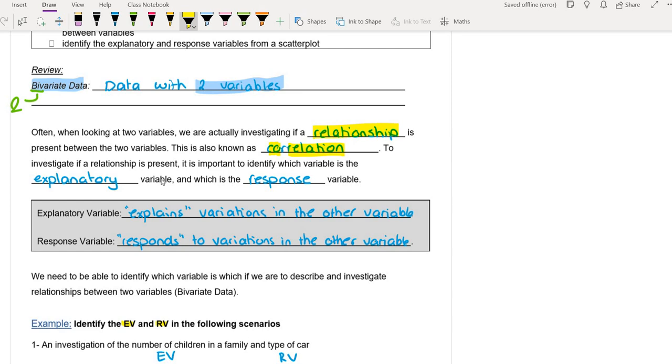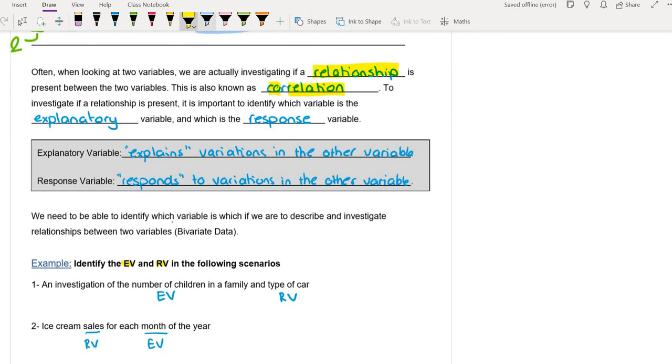And when there is a relationship, one of the variables will explain, and the other one will be responding. So we have names for the two variables. One is called the explanatory variable, we'll call it EV, which explains the variations in the other variable, and the other variable is the RV, the response variable.